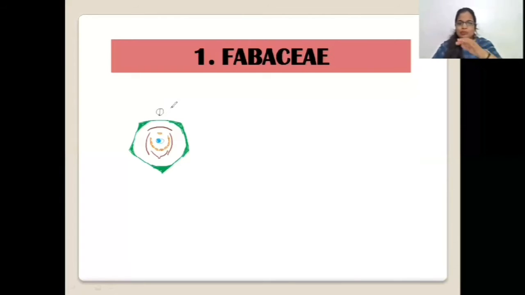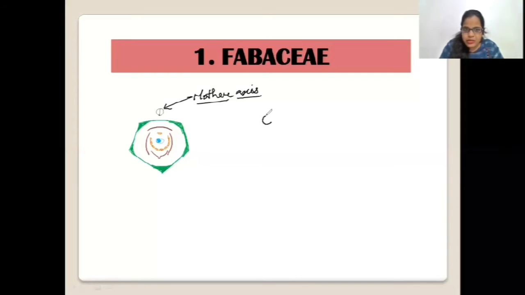Clear? So, in this floral formula, what you are seeing over here is the mother axis. Mother axis shows the posterior part of the flower basically. You can see the symbols, guys. The flowers of Fabaceae are zygomorphic.